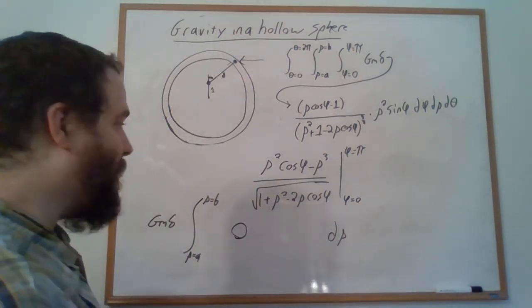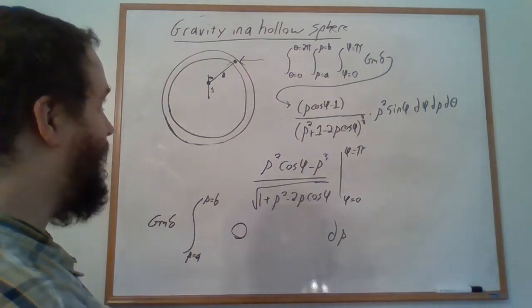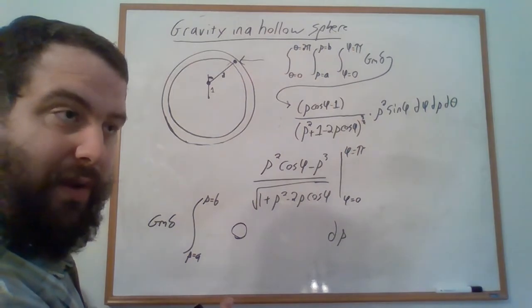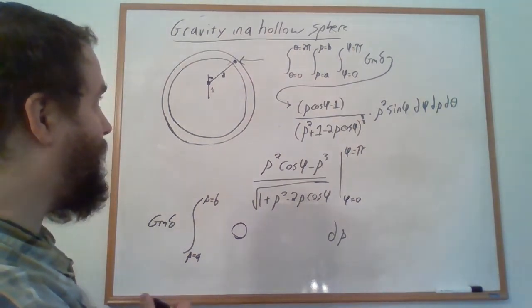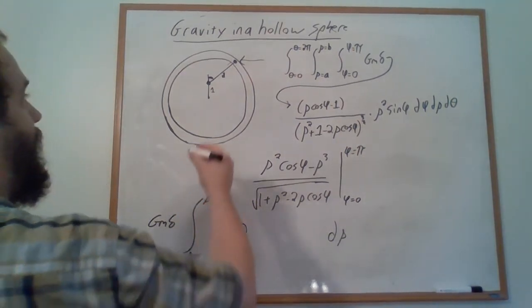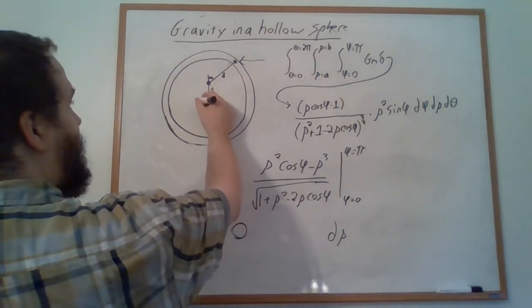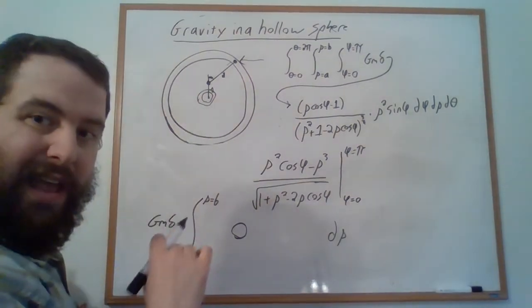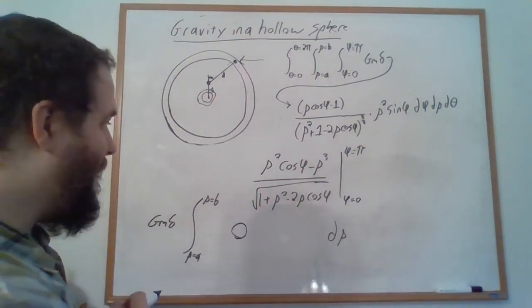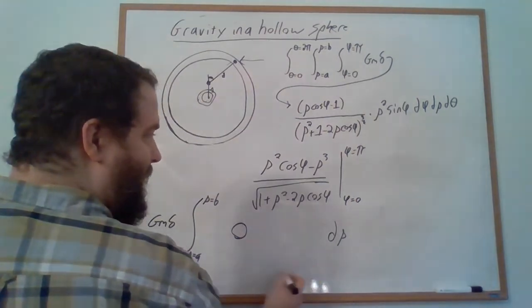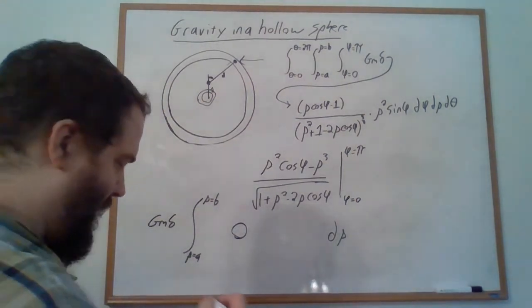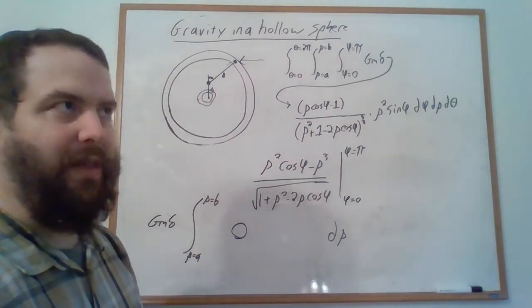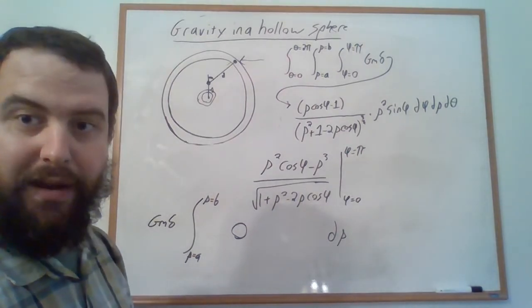Of course, you're welcome to go ahead and use exactly the same formula that I've shown you here to work out the gravity where the hollow sphere is actually here, closer to 1, where a and b are both smaller than 1. In that case, you need to replace the absolute value of rho minus 1 with 1 minus rho, right?